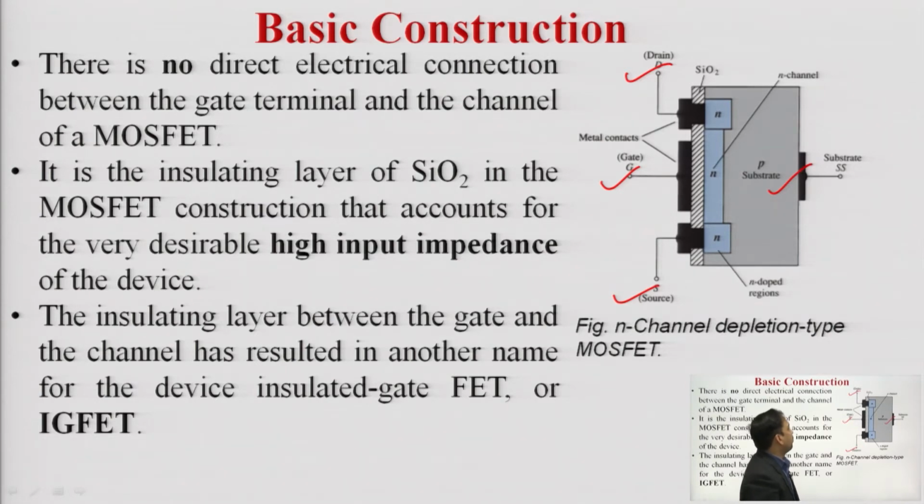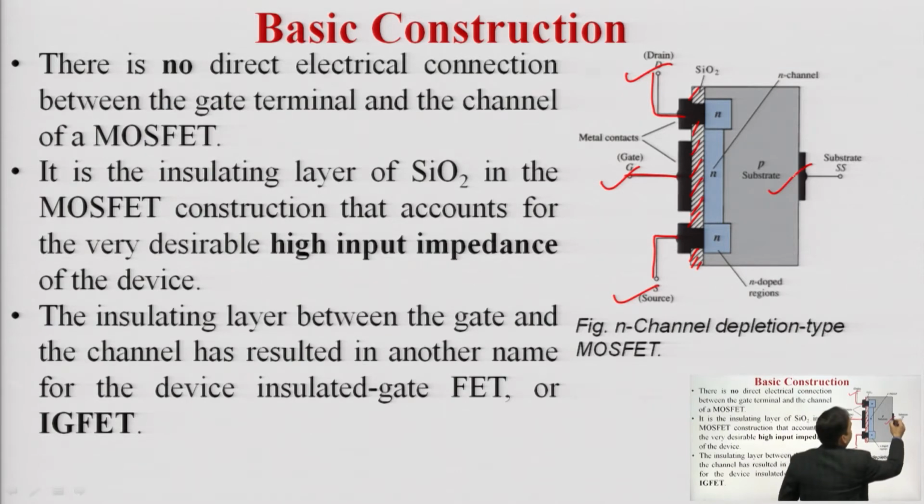Now, with the help of the metallization process, or before that, there is a SiO2 layer. This is the SiO2 layer which acts as a dielectric. With the help of the metallization process, we will be adding these terminals: the drain terminal, this is gate, this is source, and this is the substrate.